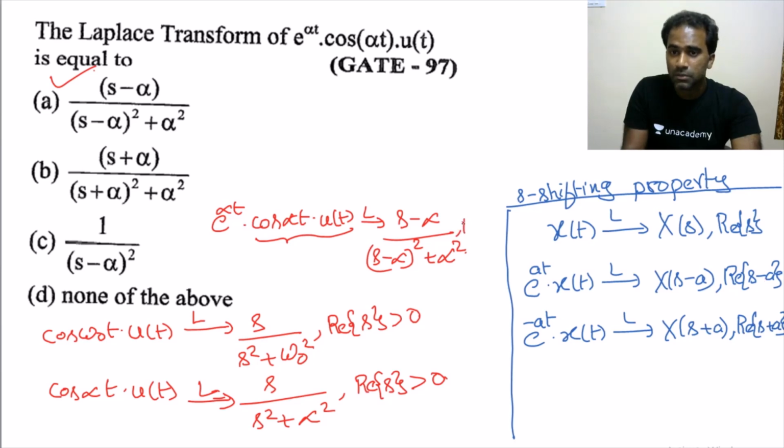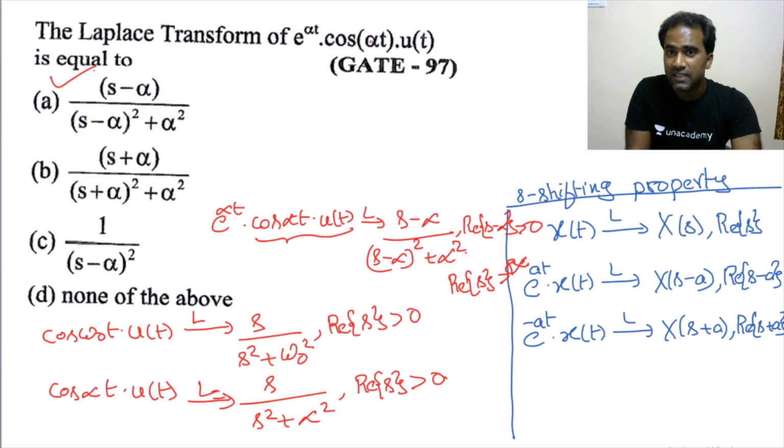What is happening to the ROC? Whatever the ROC was earlier, in that s is replaced with s minus alpha: real part of s minus alpha greater than 0. Send alpha onto the other side: real part of s greater than real part of alpha, which we can write as alpha, because alpha is real.